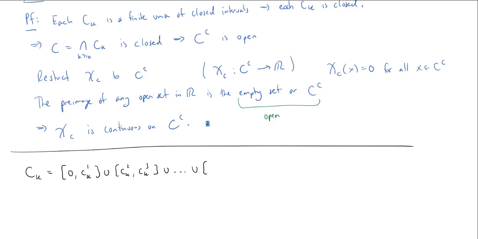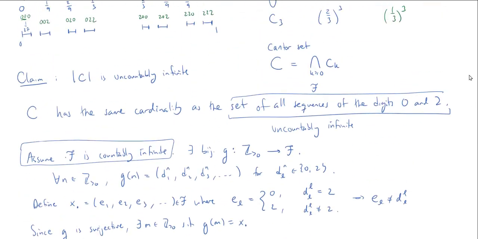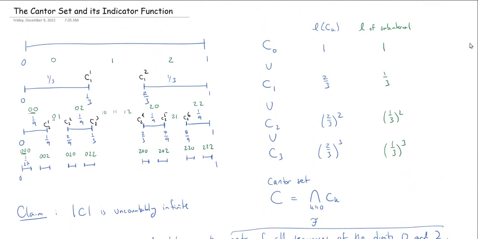Okay, and how many did I end up getting? Let's go back up and take a peek. So for example, when I did C_2, how many total endpoints do I get? Well, I have 4 intervals, but each interval gives me 2 endpoints. Now the 4 came from 2 squared. And then down here, when I double again, I'll have 2 cubed intervals, but that means I get 2 to the 4th endpoints, because each interval has 2 endpoints.